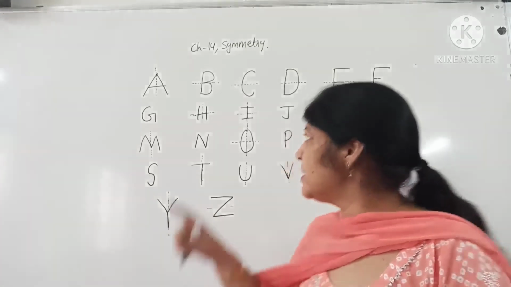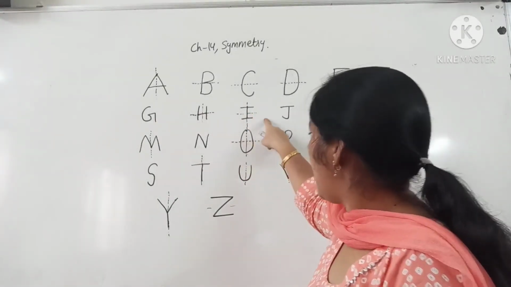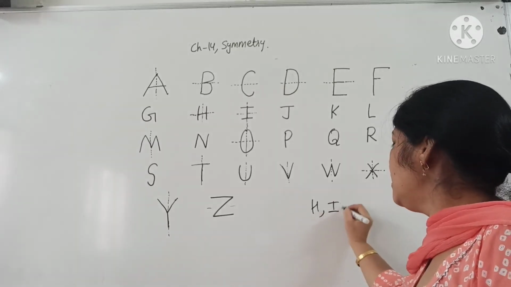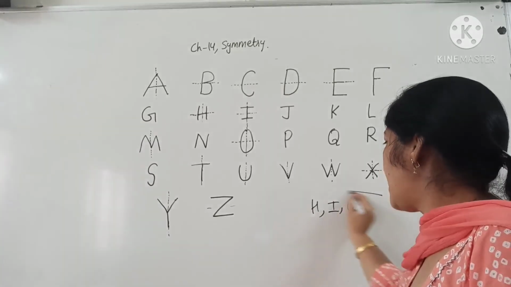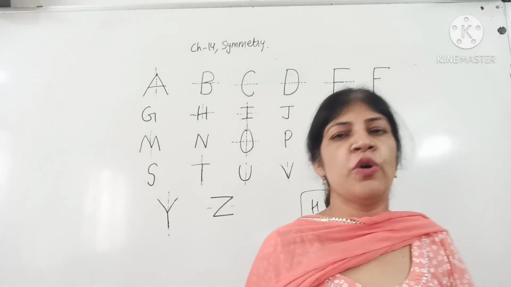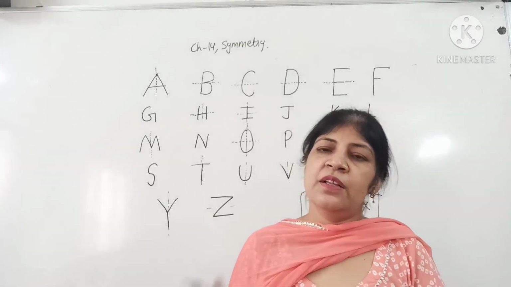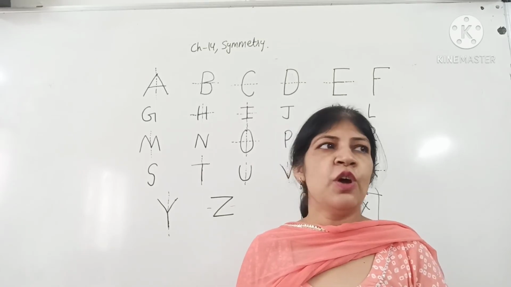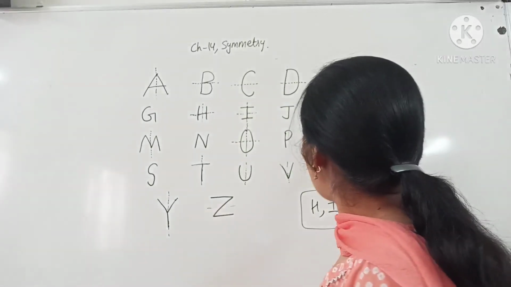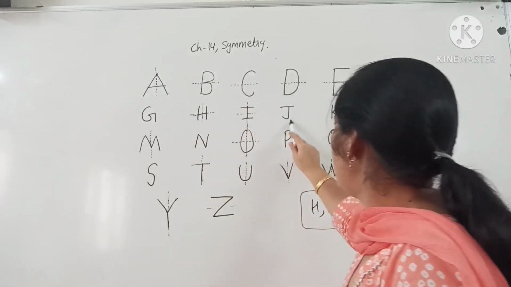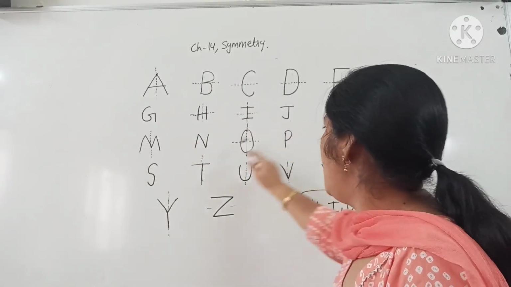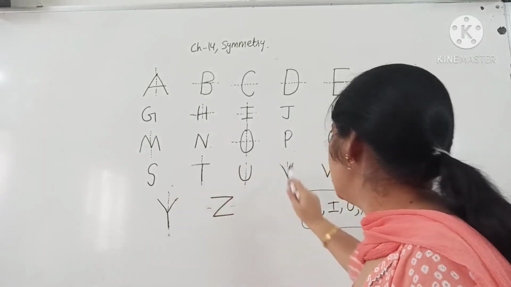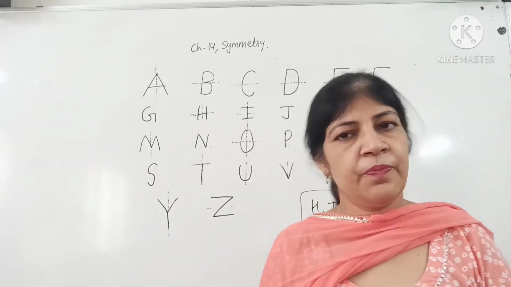Name those alphabets: H, I, O, X. H, I, O, X have both lines of symmetry, horizontal as well as vertical. And name the alphabets which have zero line of symmetry, that are F, G, J, K, L, N, P, Q, R, S and Z. Clear?